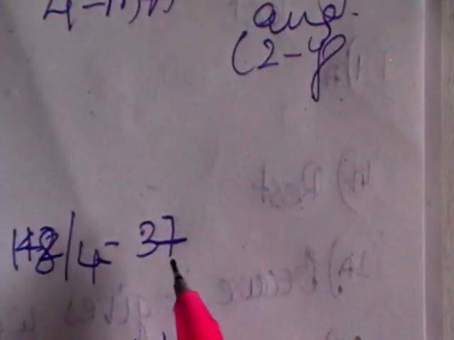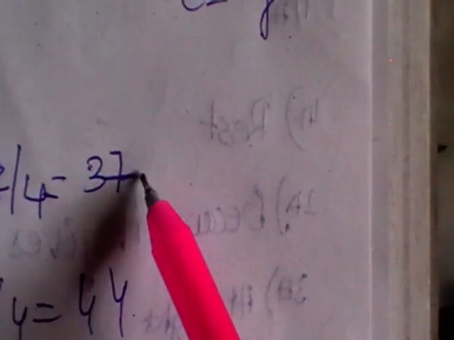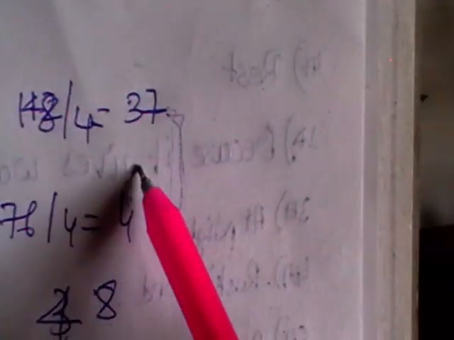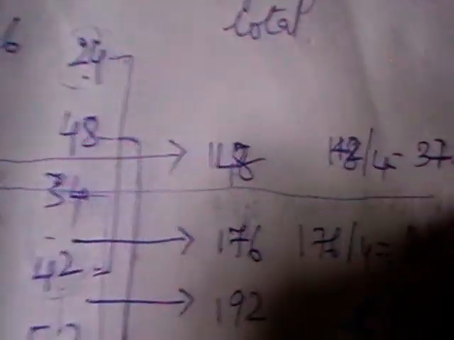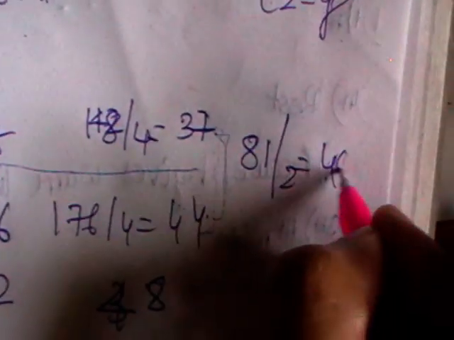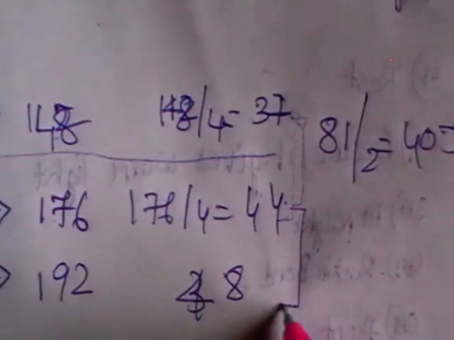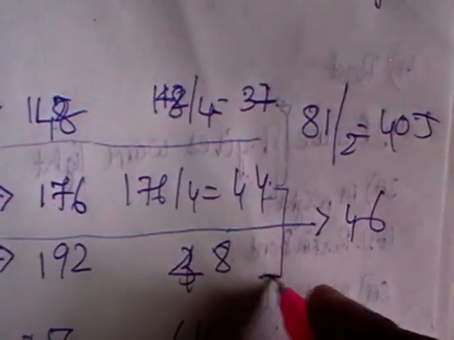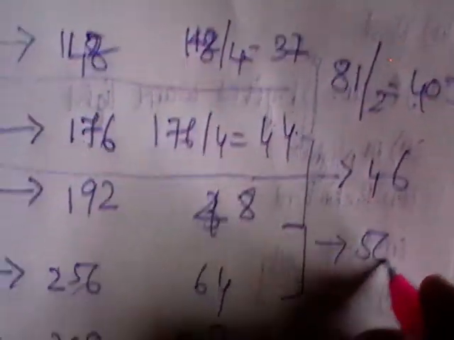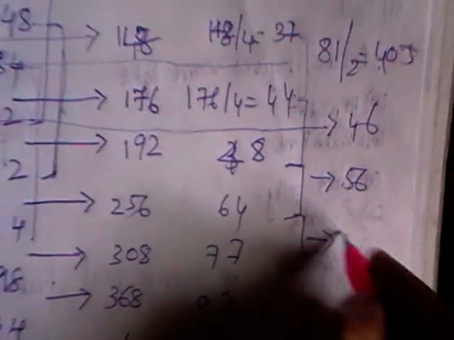Add the first two values, 37 plus 44, which is 81, and place it in between them exactly, so that it represents a given period like 78. 81 by 2 is 40.5. Again you add these two, 44 plus 48, and place it against the middle value, which is 92 by 2, you will get 46. Next, adding and dividing by 2, you will get 56, which represents 80, and so on.